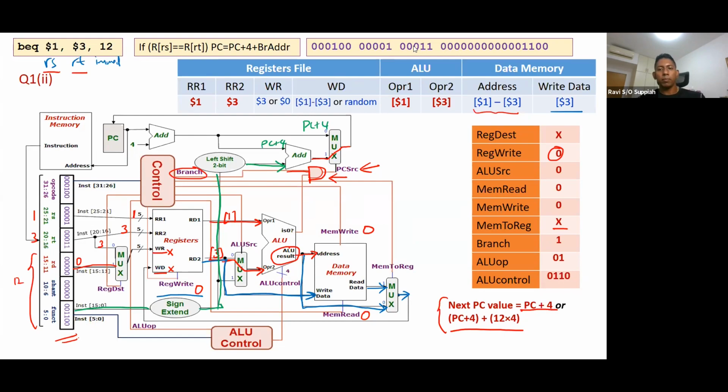Mem read and mem to register control read data. Mem read is when you want to read from the memory. Mem write is when you want to write to memory. Mem to register decides whether you want the data from the memory to go back, or the data from the ALU to go back.